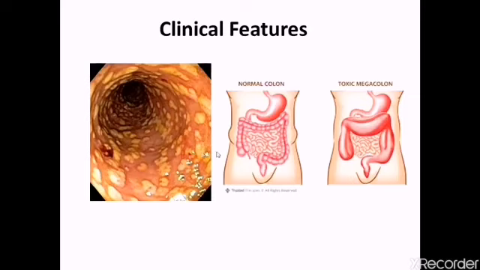They combine together and they generate an endoscopic appearance of yellowish pseudomembranes lining the colonic mucosa. There can be enlargement of the colon, which is known as toxic megacolon. There can be bowel perforation and sepsis.